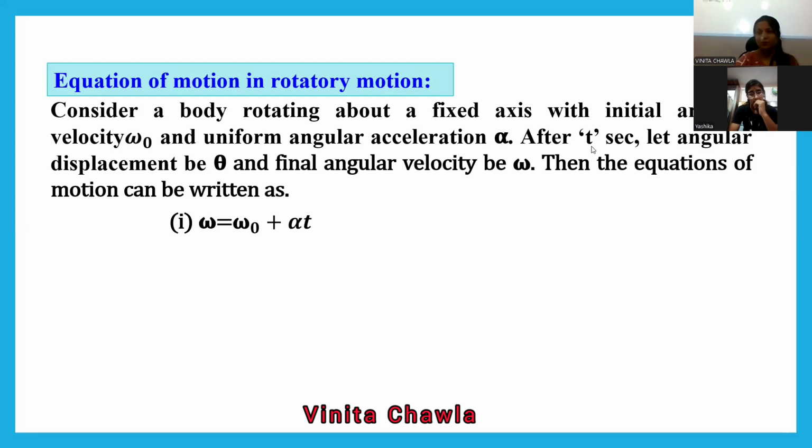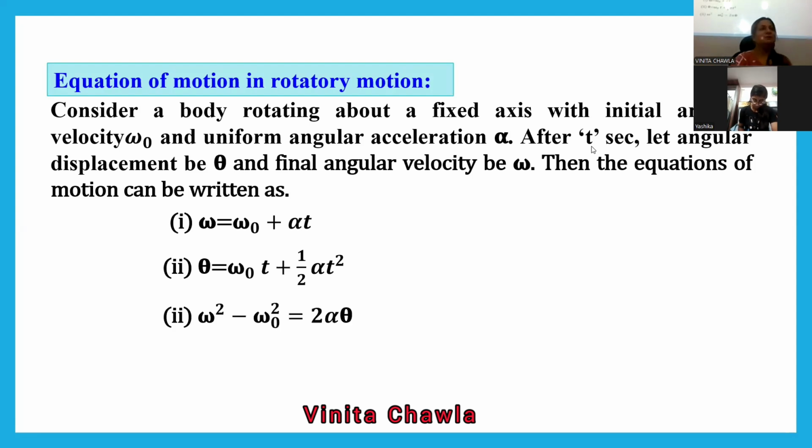This is the first equation of motion in rotatory motion. And second equation is this. As we write s is equal to ut plus half at square, the same way we are writing theta is equal to omega naught t plus half alpha t square. And third equation is this. Omega square minus omega naught square is equal to 2 alpha theta. Please write this in your notebook.